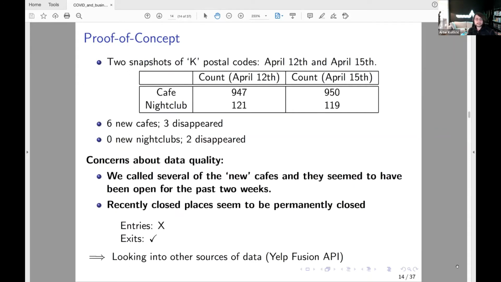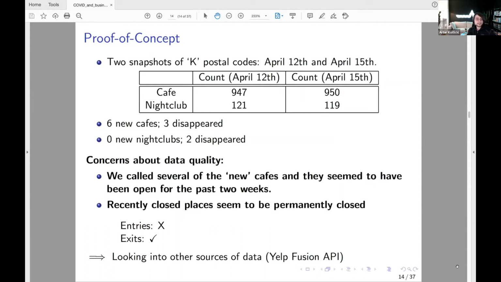So as a proof of concept that this is not only a theory, but that we are able to detect businesses that are opening or closing, we have looked at the East Ontario area, which is categorized by the K postal code. And we did 2 scrapes of the data, on April 12th and April 15th, where we particularly focused on cafes and nightclubs as examples of businesses.